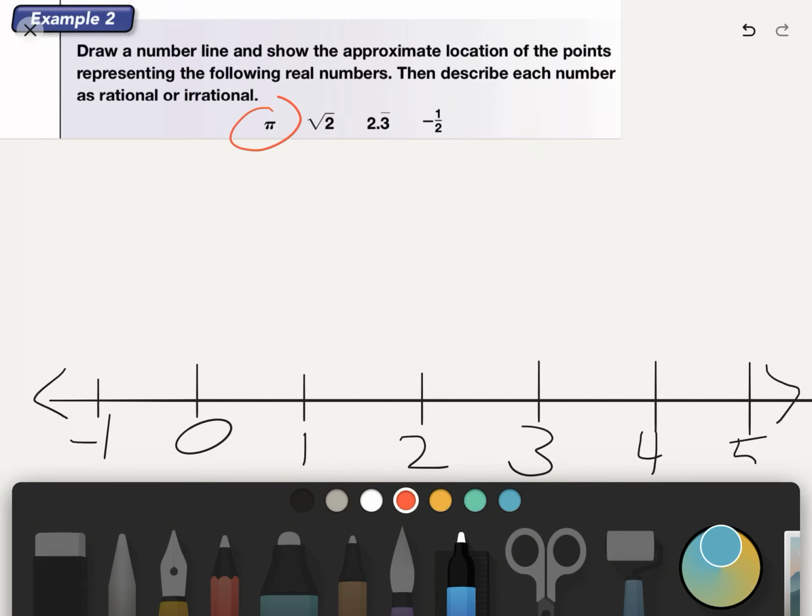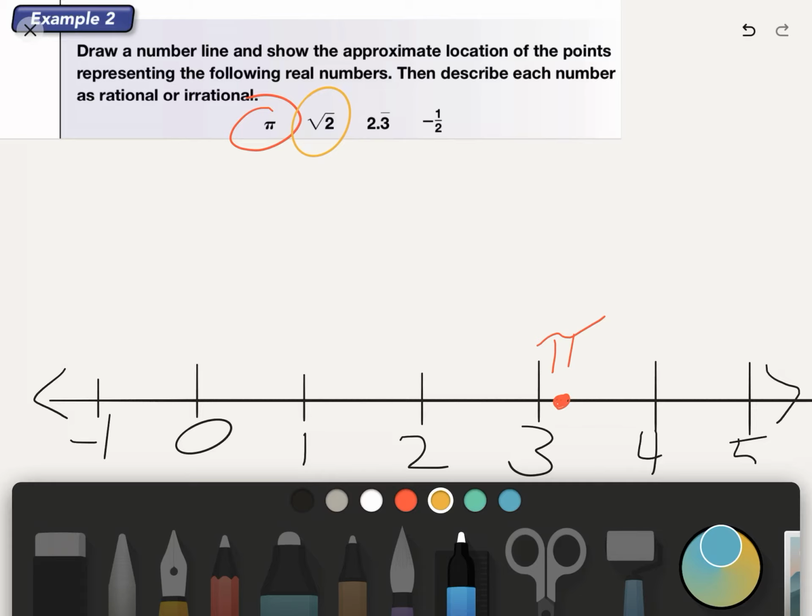So looking at pi, it is an irrational number. But we can say that it's a little bit more than 3. 3 and 14/100ths is a good basic thing to work off of for that. Now, looking at the square root of 2, we are going to end up with an irrational number.